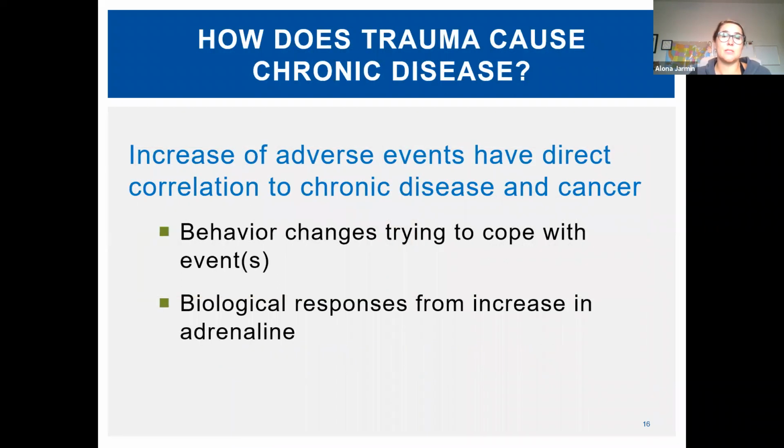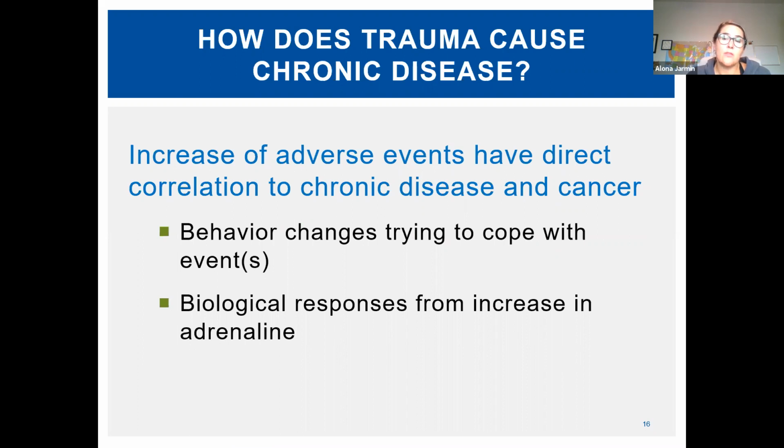So now when we move into how does trauma cause chronic disease, when we have this constant state of traumatic stress and it's been unresolved and moves into adulthood, now those childhood experiences have a direct response on our bodies as adults.